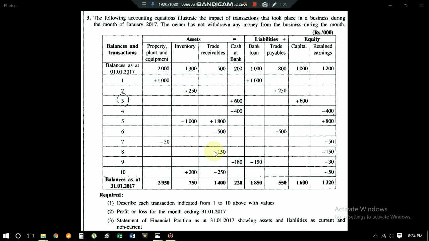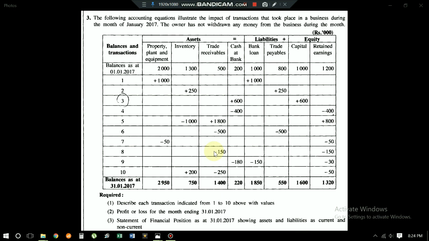Inventory, trade receivables and cash we can identify as current assets. In the liability section, bank loan is a non-current liability and trade payables can be a current liability.